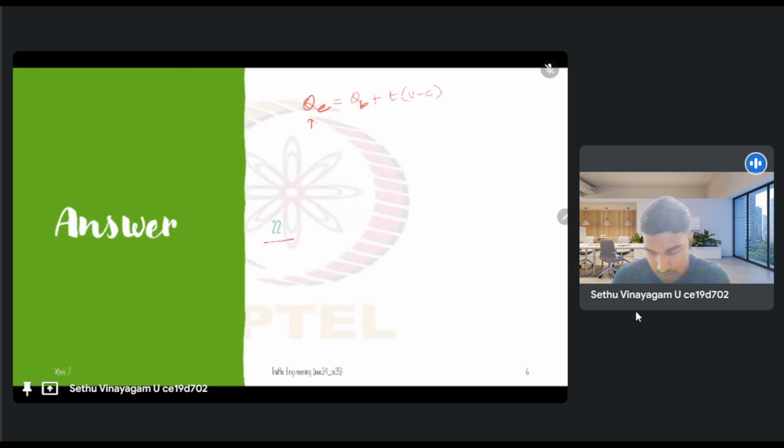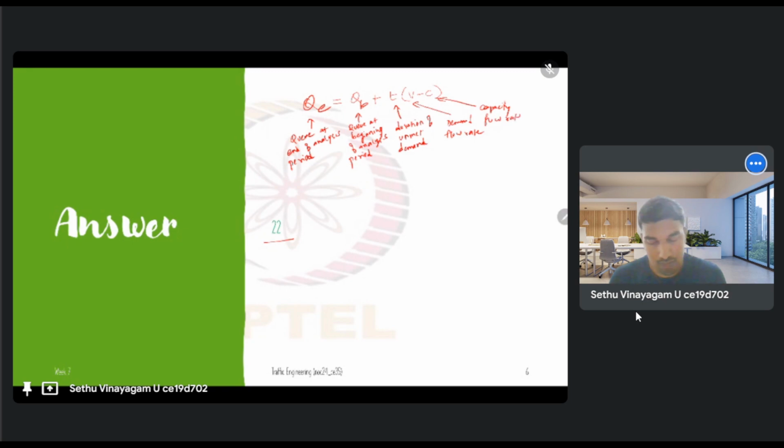Here QE is the Q at the end of the analysis period, QB is the Q at the beginning of the analysis period, T is the duration of unmet demand, V is the demand flow rate, and C is your capacity flow rate. Remember these are not the flows in the period, but the rates of flow.